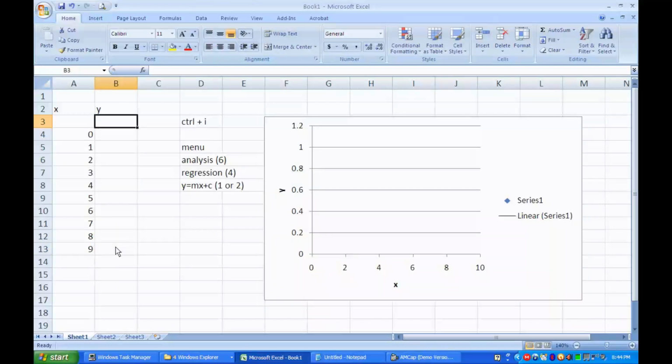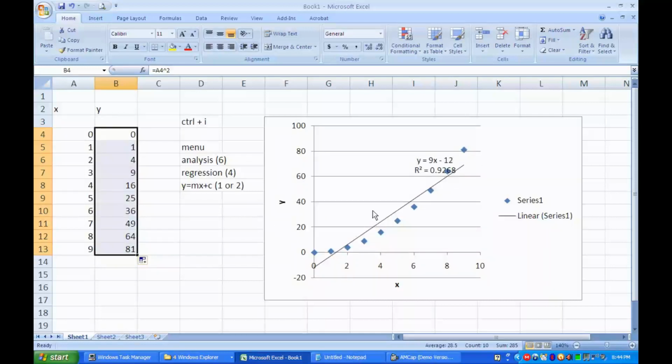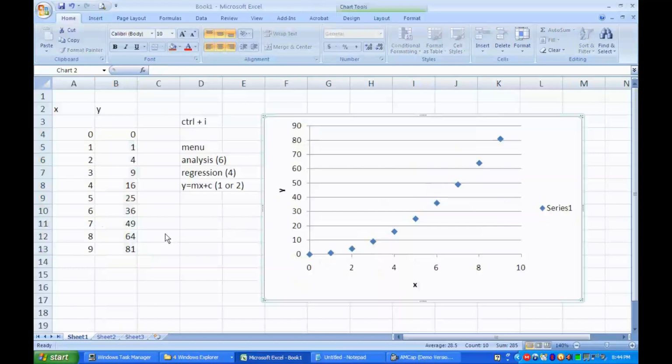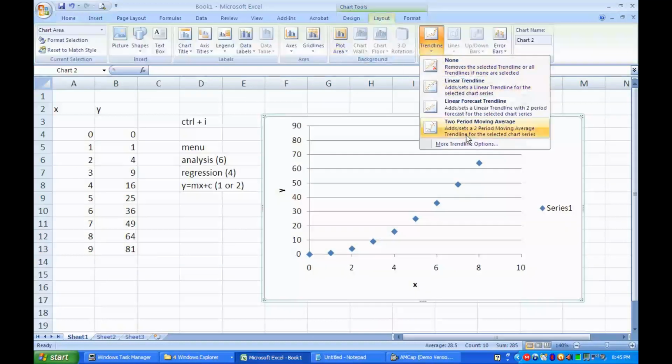Now, in terms of general shapes of graphs, you may have seen this before. If you have y equals x squared, I'll add a trend line.